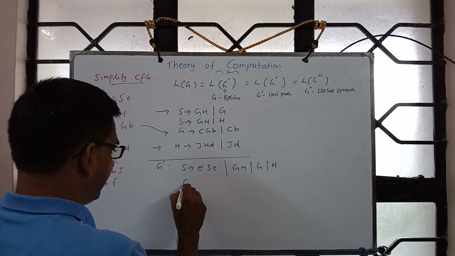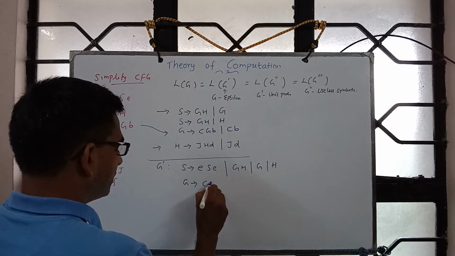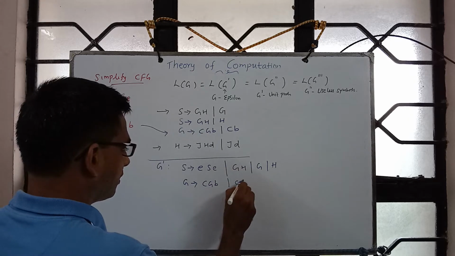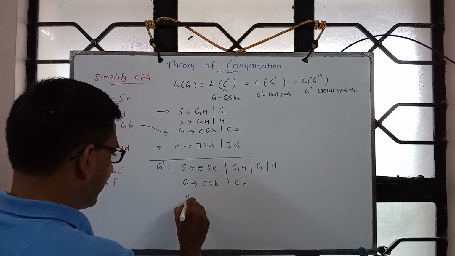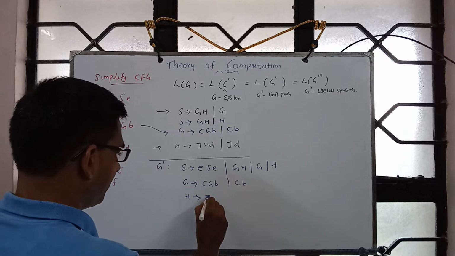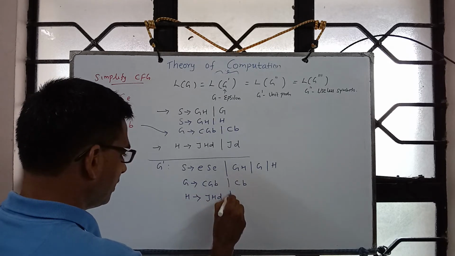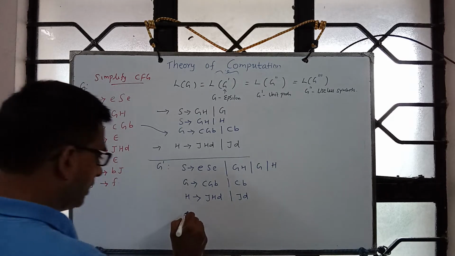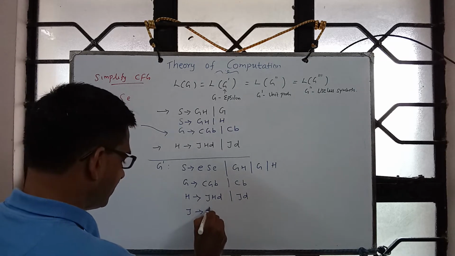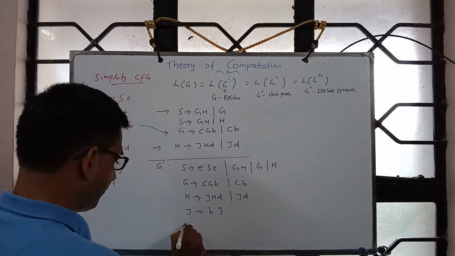Then you have G implies CGB or CB. Then you look at H. H implies JHD or JD. Then J implies BJ.